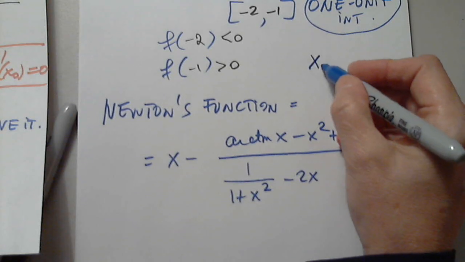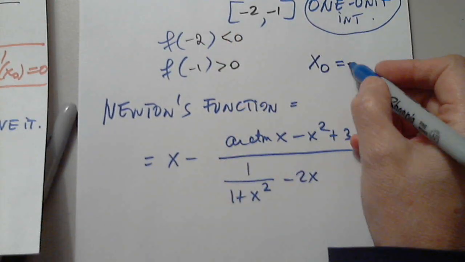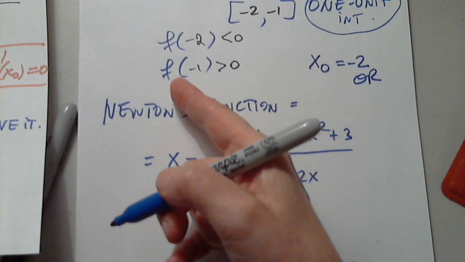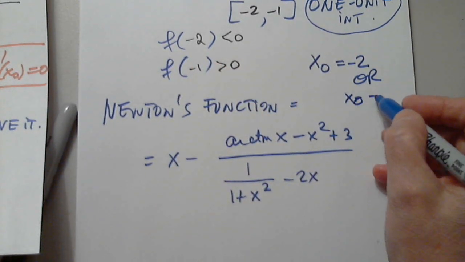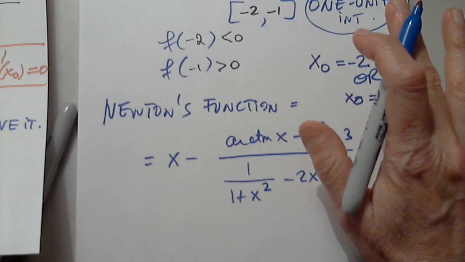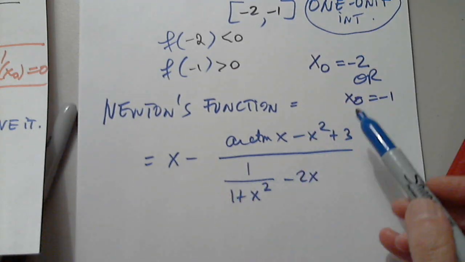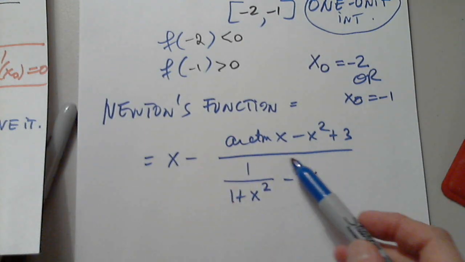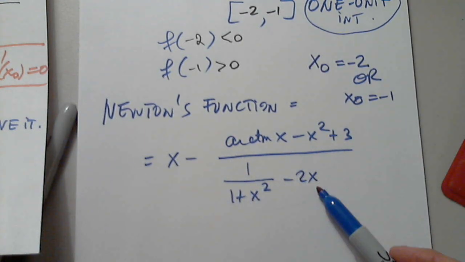I can start with my x0 at negative 2, or I can start with my x0 at negative 1. One thing is very important. I have to make sure that my starting point, either negative 2 or negative 1, does not make this denominator 0.